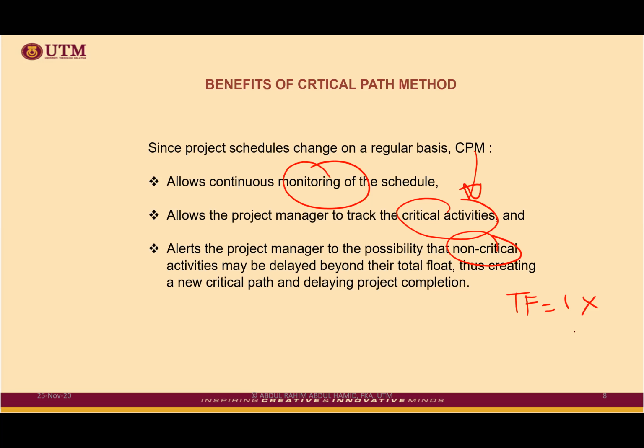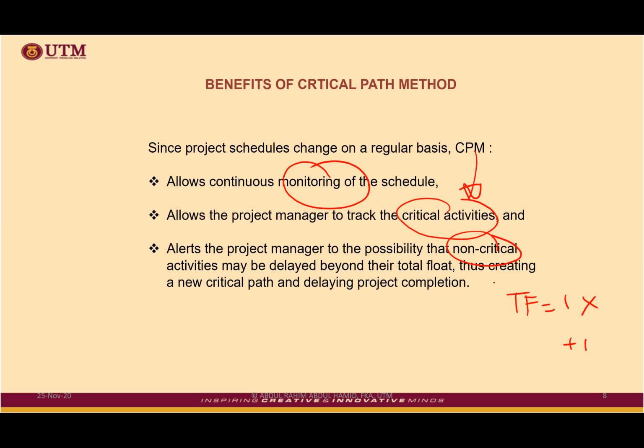If you delay by another 1 more day, automatically this activity could now turn into critical. So let's say initially you do have 1 critical path, but then in the middle of the way, another critical path is being developed. Then the third one, the fourth one, the fifth one, until all the paths could be critical.